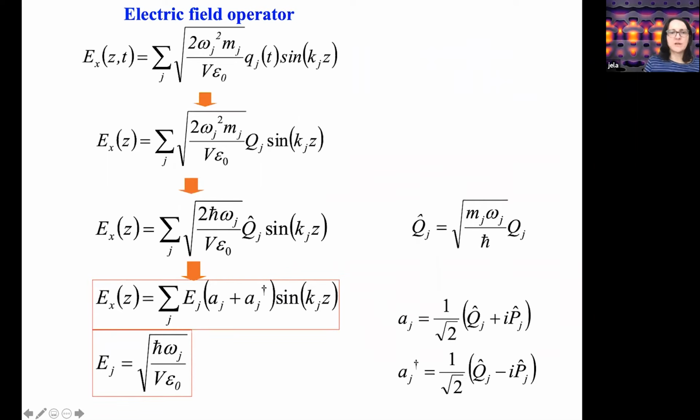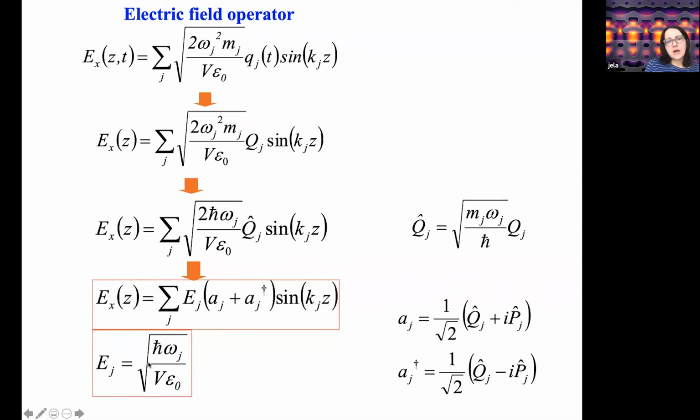And you see that that amplitude is square root of h bar omega divided by V epsilon naught. Okay, so what does this mean, right? If you have electric field which is completely uniformly distributed through volume V, which is volume of a resonator, what would be the energy of the field? Electromagnetic field. If you had amplitude EJ, it would be epsilon times EJ squared, divided by 2 times volume V, and that would be for electric field, and the same thing for magnetic field, which means that the total energy would be epsilon naught times EJ squared times volume V, correct?